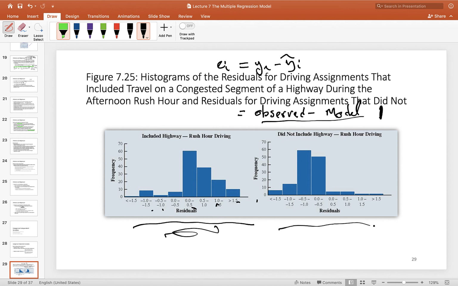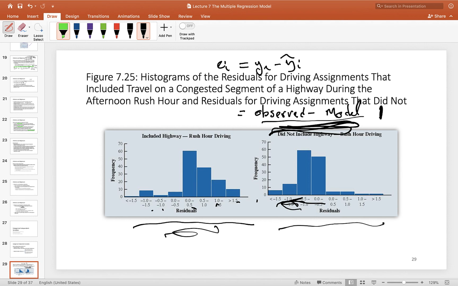How about over here, the guys that do not drive on the freeway in rush hour traffic? Our residuals here tend to be negative. And if this value is negative, that means the model is larger than the observed. So the model is over-predicting the time it takes for those that don't drive on the freeway.